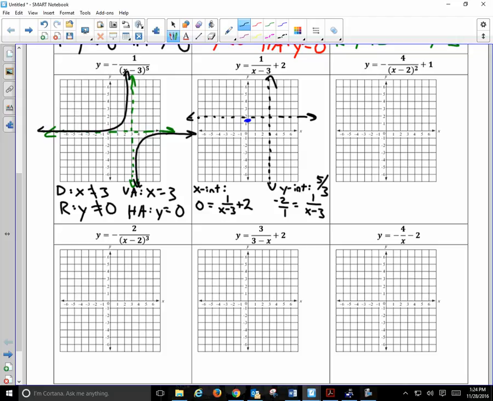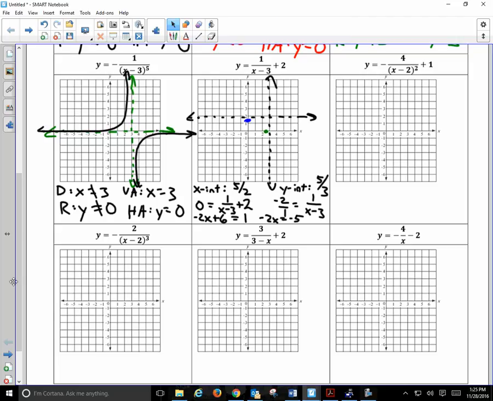Cross multiply, I get negative 2x plus 6 is equal to 1, or negative 2x is equal to negative 5. So x is 5/2. And so on the x-axis, I will plot 5/2, which is 2.5.